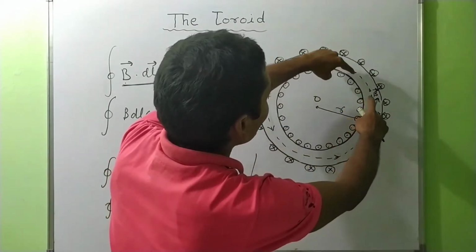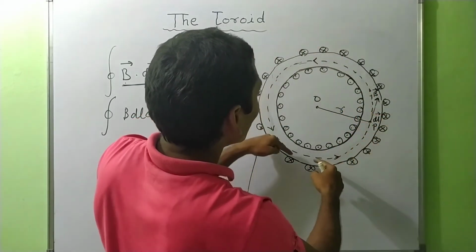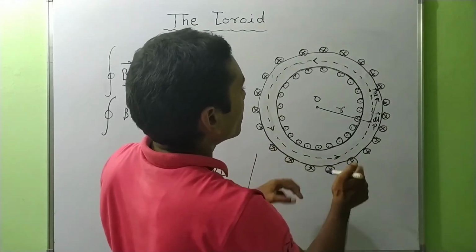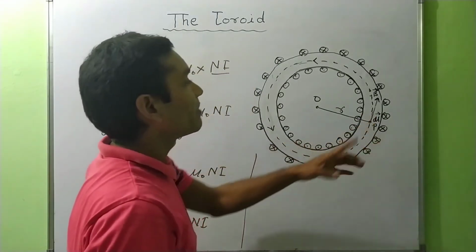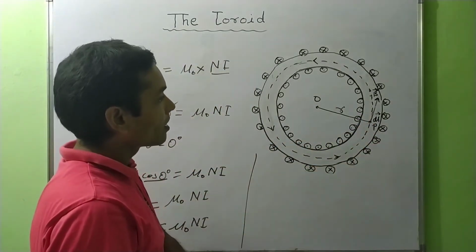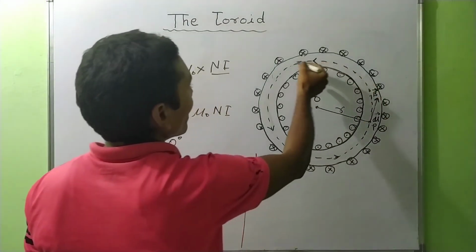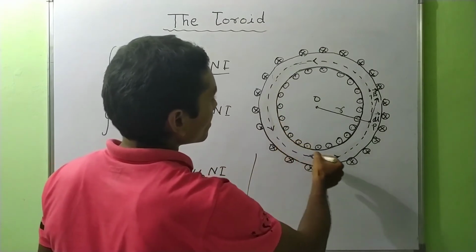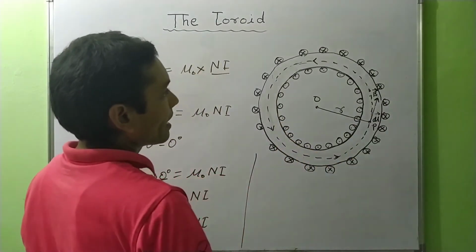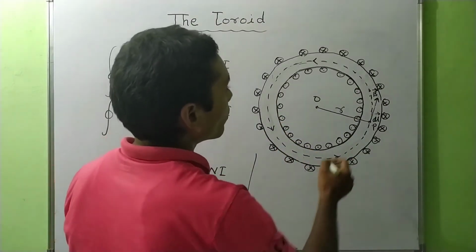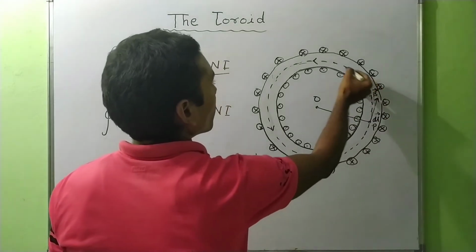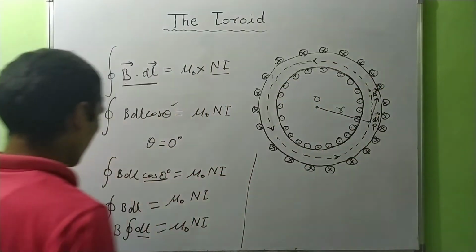If we imagine that this circular loop consists of a number of small elements dl, dl, dl, then integral dl shows the total length of this circular loop, and this will be equal to the circumference of this circular loop.